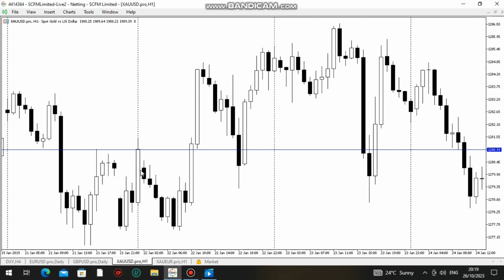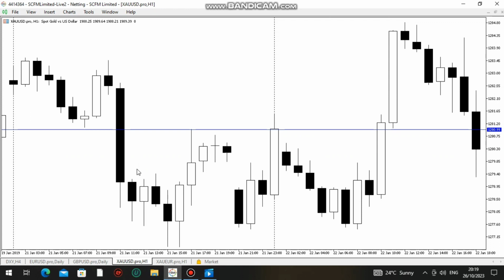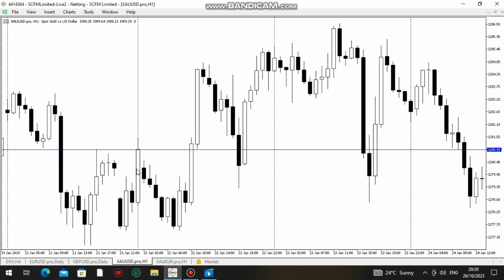Well, as you all know, breaker blocks are the last... For example, a bullish breaker block is the last up candle before a liquidity sweep to the downside. So for instance, in this case, the last upside move, the last up move before a sweep.